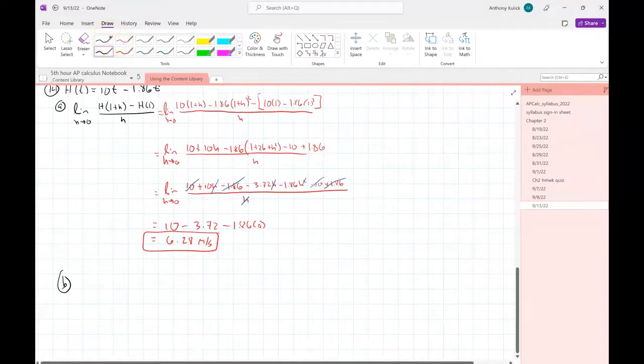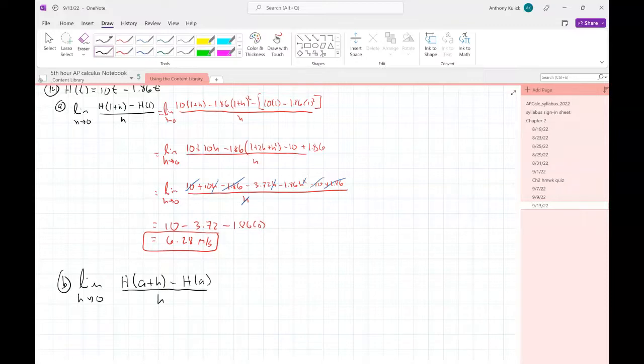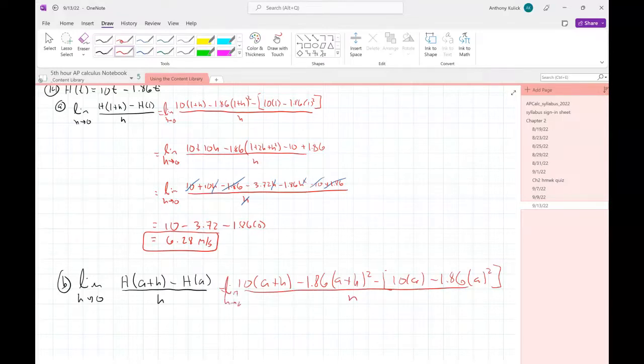Part B asks us to do this now rather than specifically at the point 1, but to do it at some general point A. Did the same thing. Just sneak that limit in there.